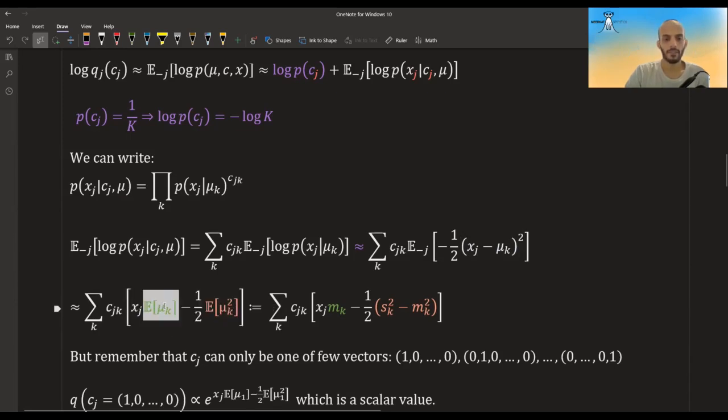So we have here the first moment and the second moment of the distribution of mu_k, right? Because this is the expected value with regards to q_k of mu_k. So this is some distribution. We haven't found it yet, but we want its mean and its second moment. And so we can call the mean m_k, and we can replace the second moment. Sorry, this should be a plus. So with the variance plus the mean squared.